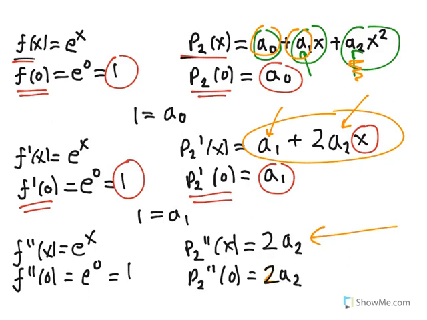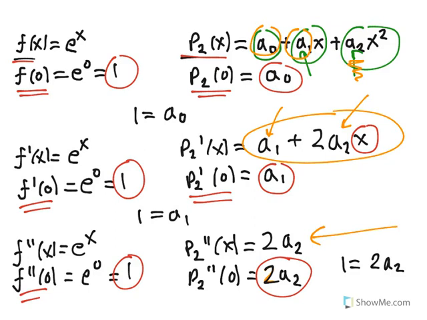Again, we're going to require that the second derivative of our function evaluated at 0 be equal to the second derivative of our second degree polynomial function evaluated at 0. So that gives us 1 is equal to 2 times a sub 2.